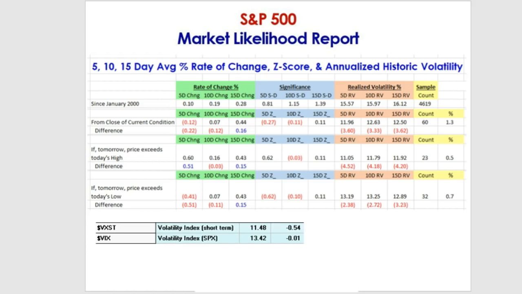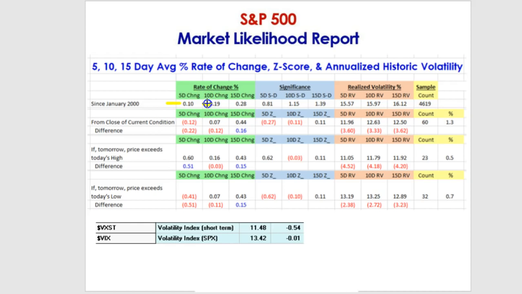So we know since January of 2000, the market's gone up. On average, when you take one close and look at the close 5 days later, you'll have roughly a 0.1% increase. We can see that in this top line here: the 5-day rate of change is 0.1%.